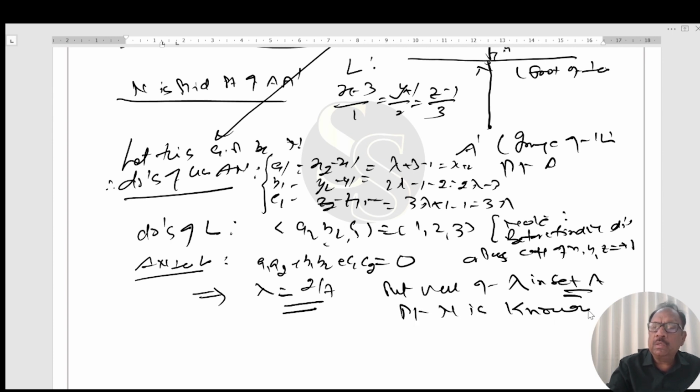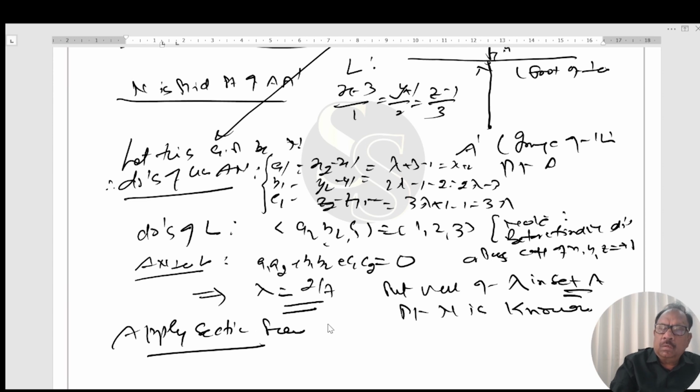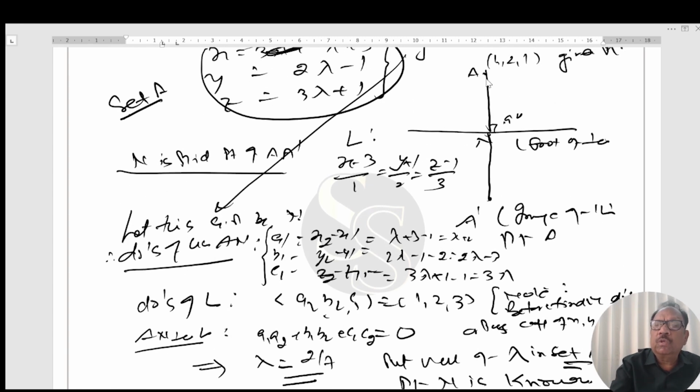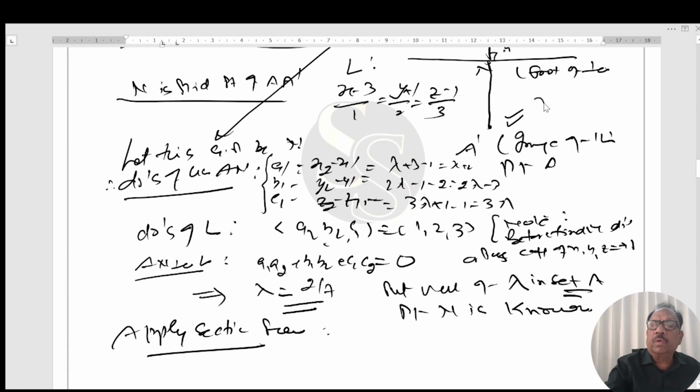Now, apply the section formula. In this case, it is a 1:1 ratio. So we know the coordinates of this point, we know the coordinates of this other point, and we can find the coordinates of this point. The coordinates of this point come out to be 30. You calculate the coordinates of this point, right?